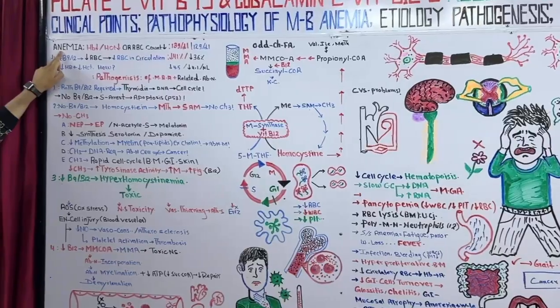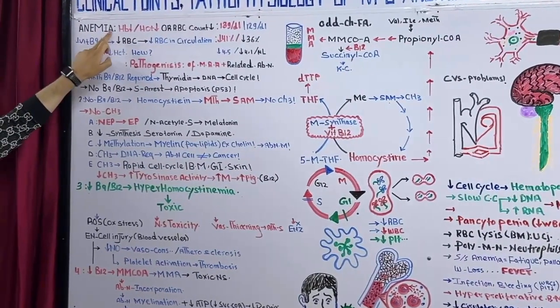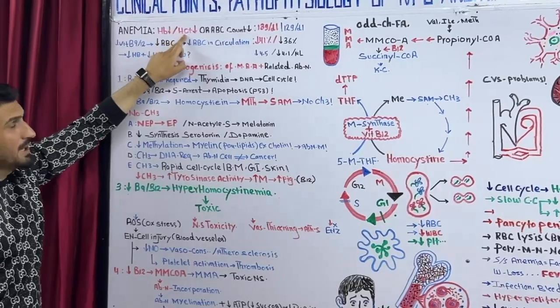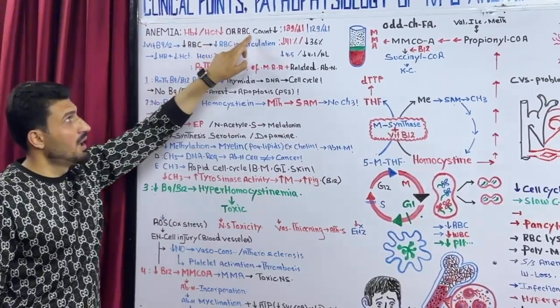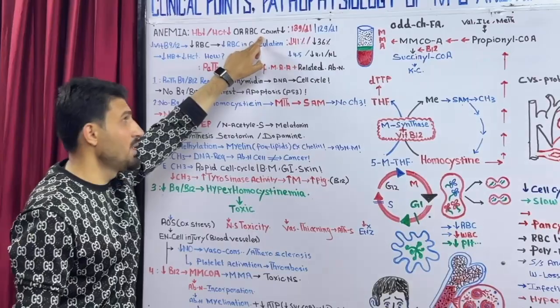We discussed anemia. We define anemia as when hemoglobin or hematocrit or RBC count drops below the normal range.